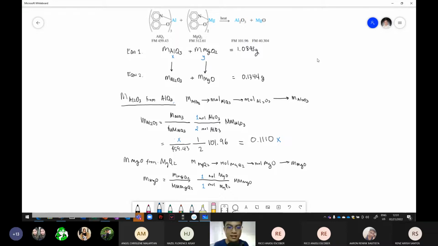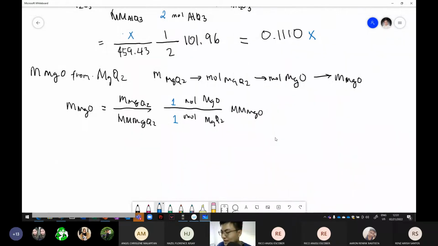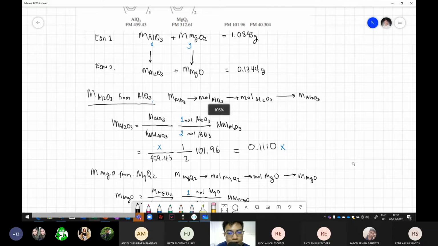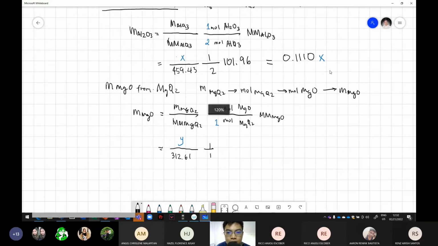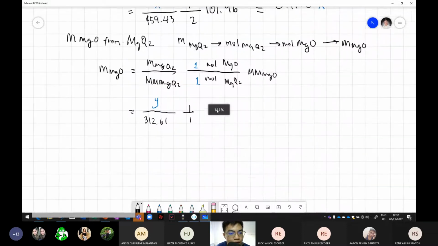Okay. So, ang sagot ay, hindi ko pa nata-type. Okay. Let me just write. For the quinoline, that is, 312.61. Okay. And then yung 1:1, and then the molar mass of magnesium oxide, that's 40.30.